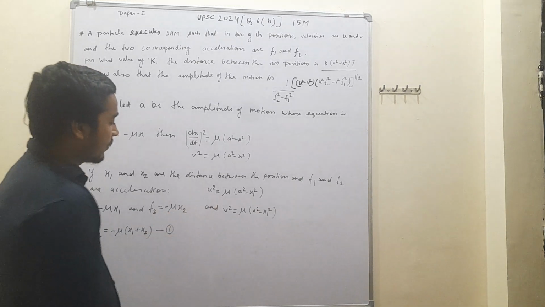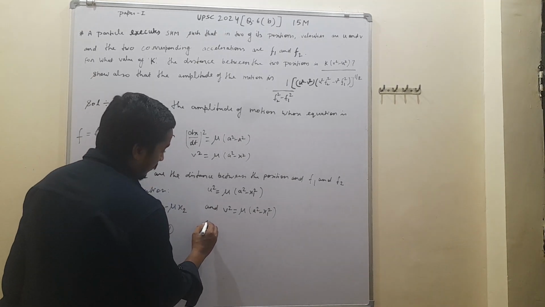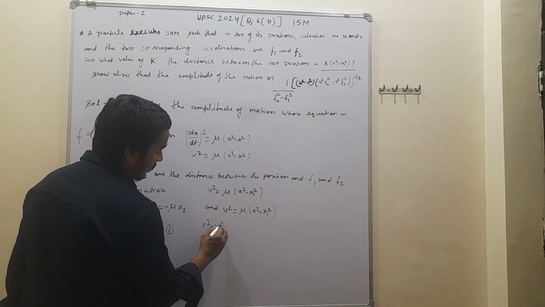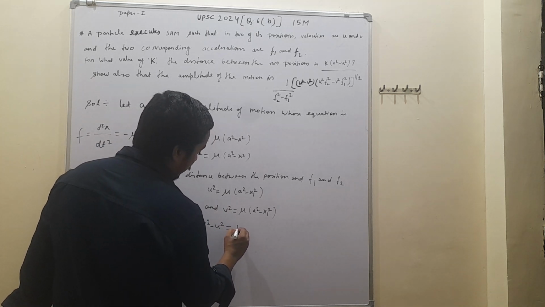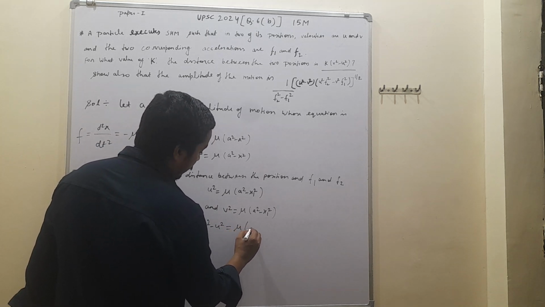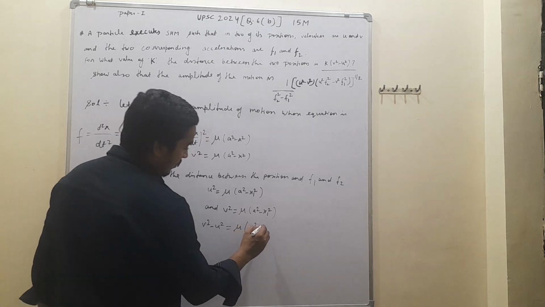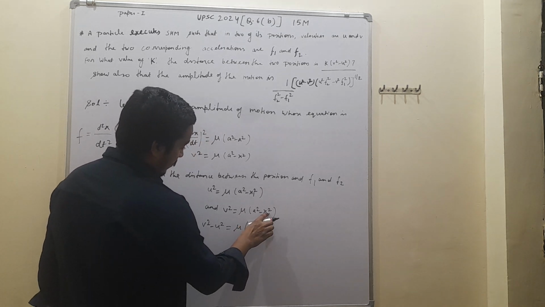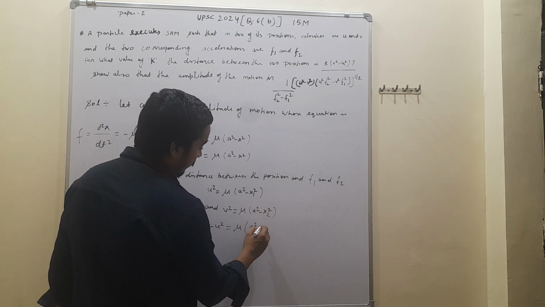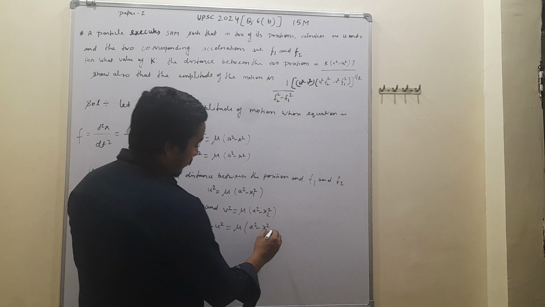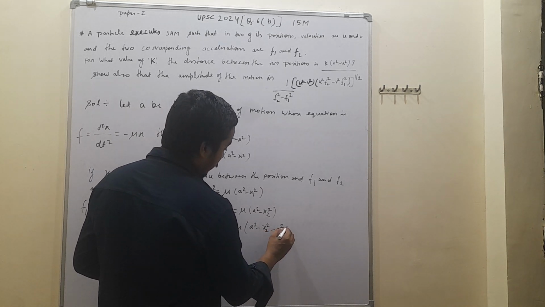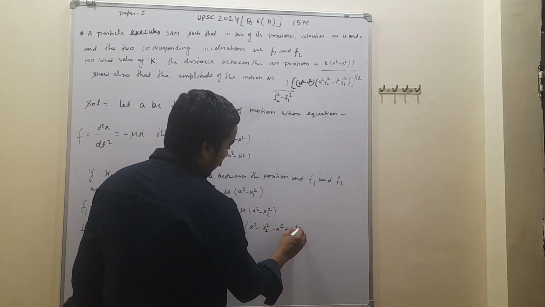And from here, v square minus u square is equal to mu is common, (a square minus x2 square) minus (a square minus x1 square).